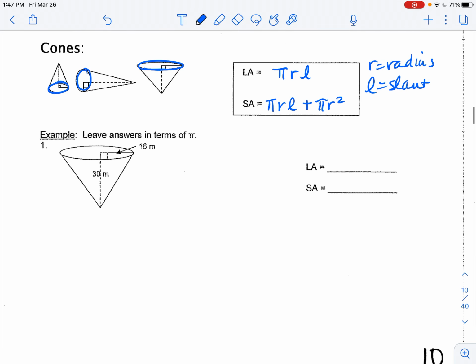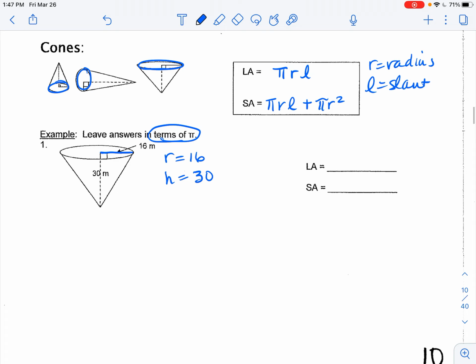All right, so here's our example. It wants us to leave it in terms of pi, so we're not going to have a decimal answer. Our radius is 16. The height is 30. We need to figure out this slant height right here.